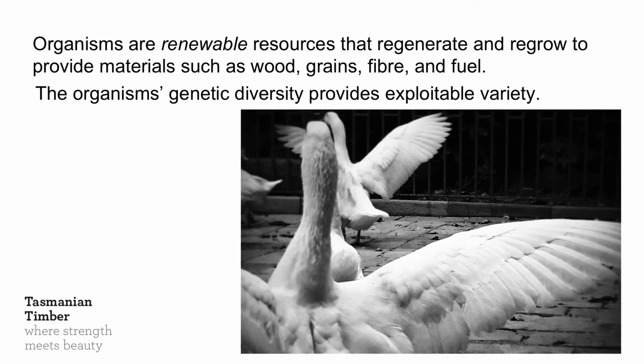So organisms are renewable resources that regenerate and regrow to provide us a whole range of materials. Now, whether it's wood or grain or fibre or meat or fuel, we grow these things and we use them. And the organisms have genetic diversity, and we exploit that genetic diversity then to give us different things that we want.